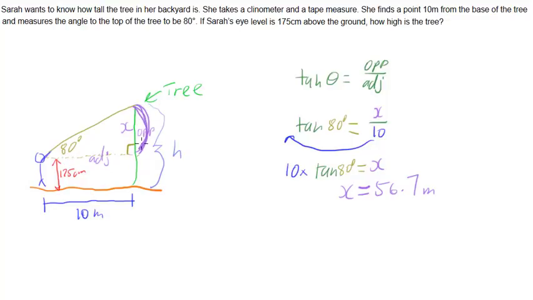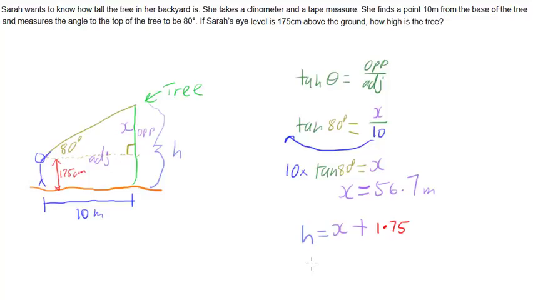So what we also need to take into account is Sarah's height. So we also need to add that bit, X, onto Sarah's height. So our actual height of our tree, H, is going to be the X that we just calculated and adding on Sarah's height, which is 175 centimeters, which I'm just going to put as 1.75 meters.